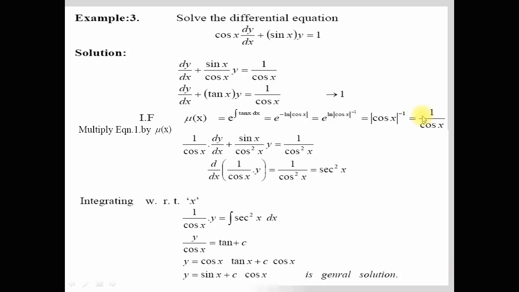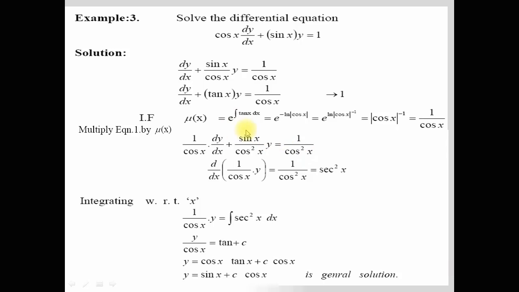Now multiplying this integral factor to equation number 1, we get 1 over cos x dy by dx plus sin by cos square x times y is equal to 1 over cos square x.